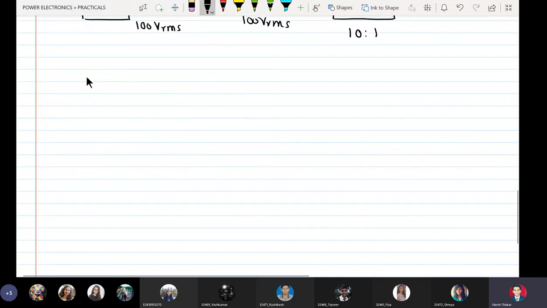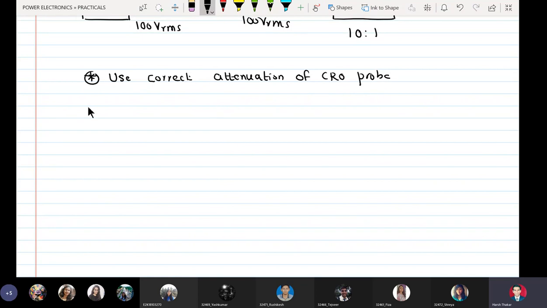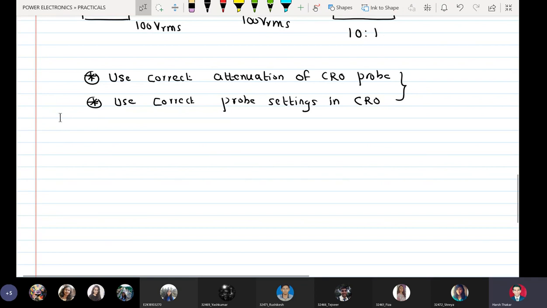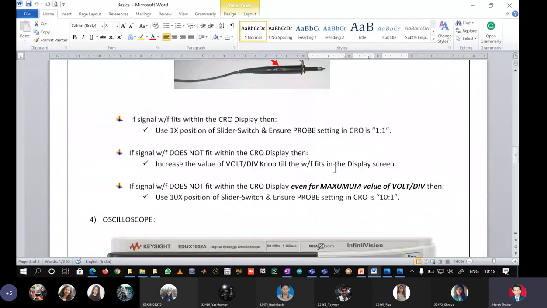We can summarize this as: use the correct attenuation of the CRO probe and use the correct probe settings in the CRO. Okay, so both of them are important.